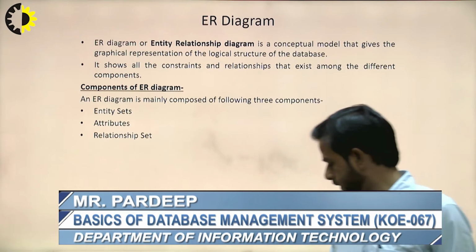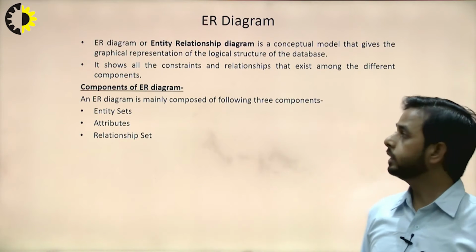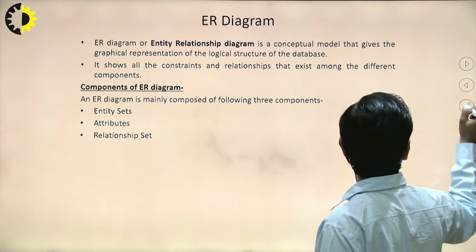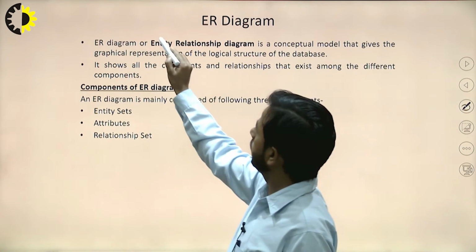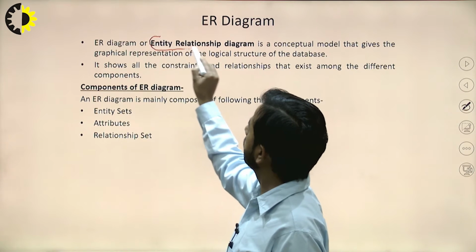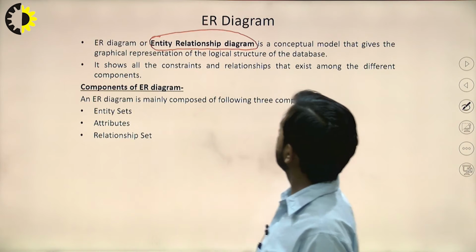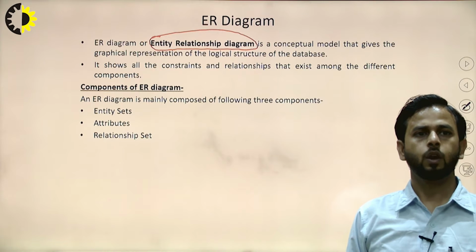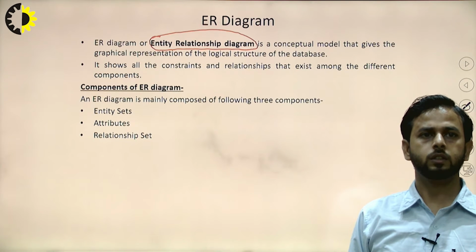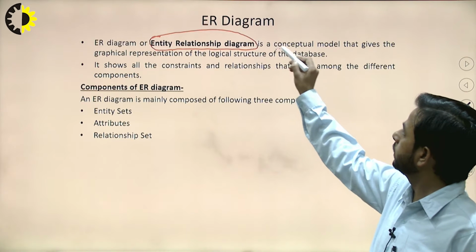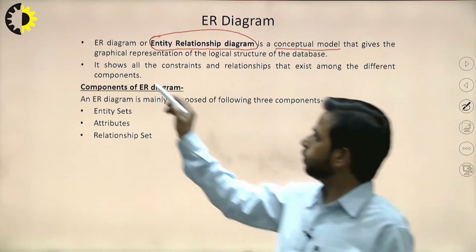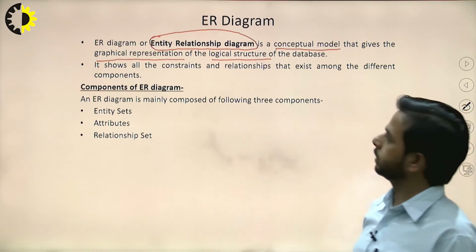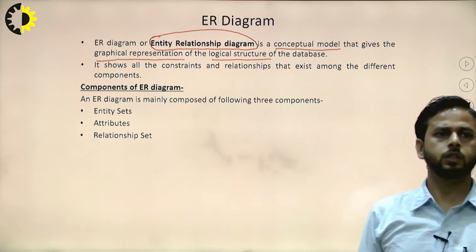ER diagram is also known as entity relationship diagram. It is a conceptual model that gives the graphical representation of the logical structure of the database.